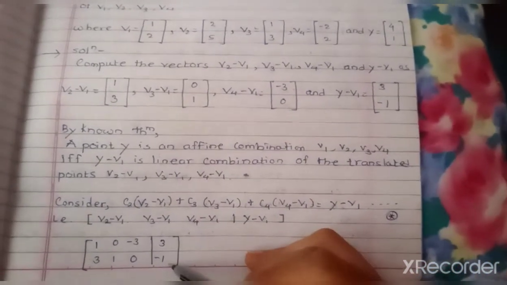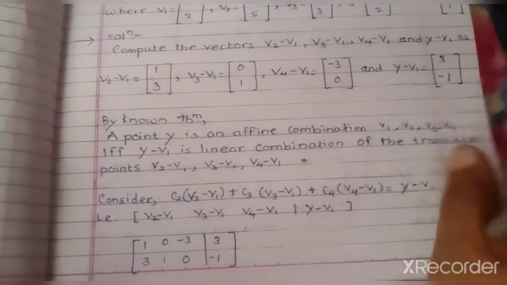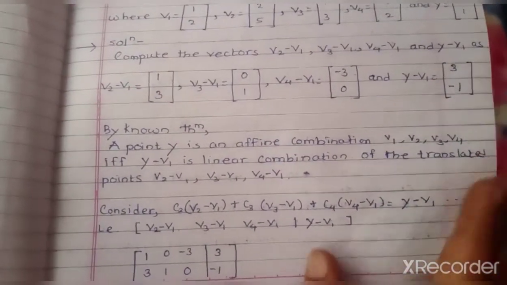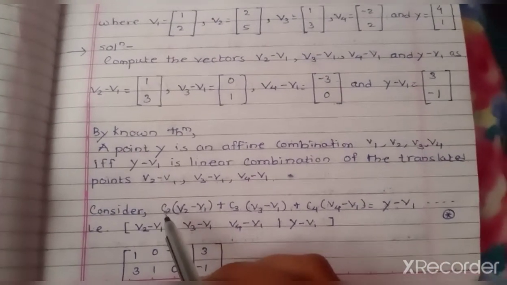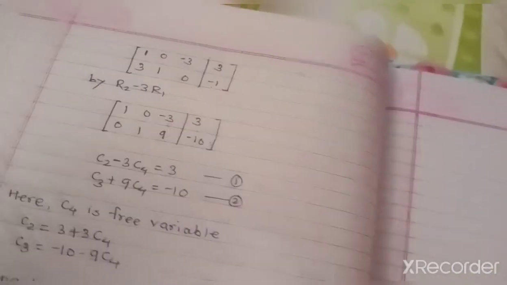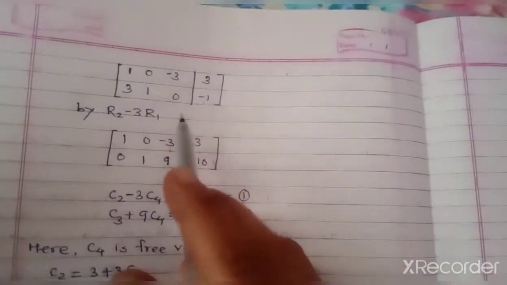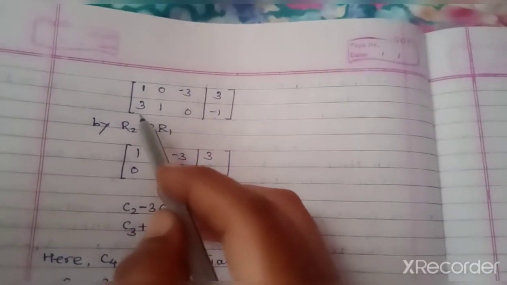Now we solve this augmented matrix in row echelon form, and using it we find whether values of c2, c3 and c4 exist or not. Again we write down that augmented matrix here. By using this leading one entry, we make its bottom entry 0.